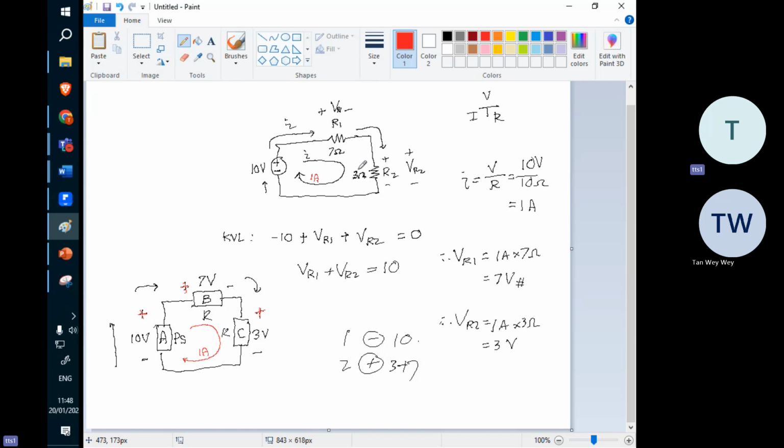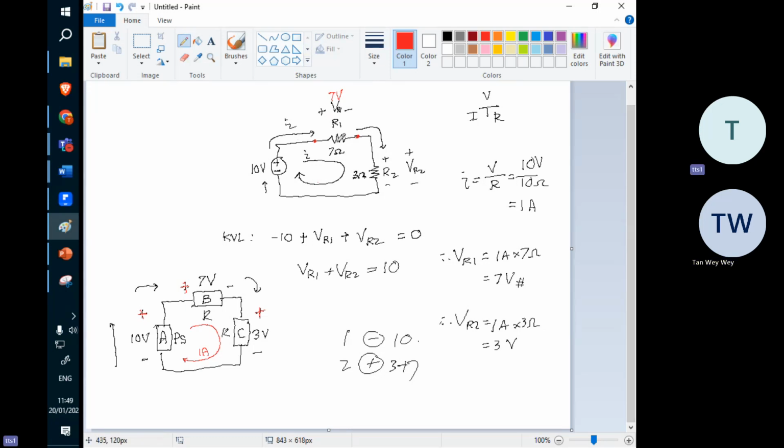So if somebody has already calculated the voltage here, let's say your friend or colleague, and he tells you that VR1 is equal to 7 volts. He measured it at this node and this node, and he tells you the voltage is 7 volts. So he wants you to find the current flowing through it. Now it's your job to find the current flowing through the 7 ohm.